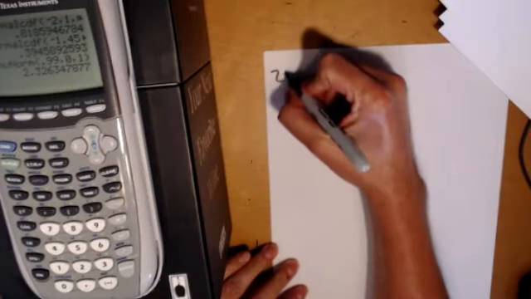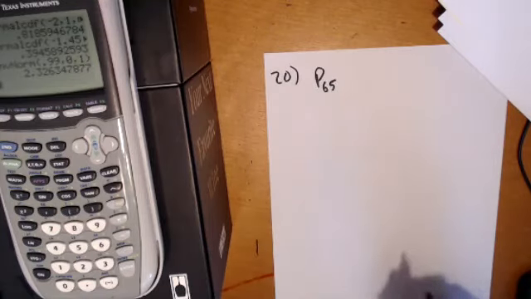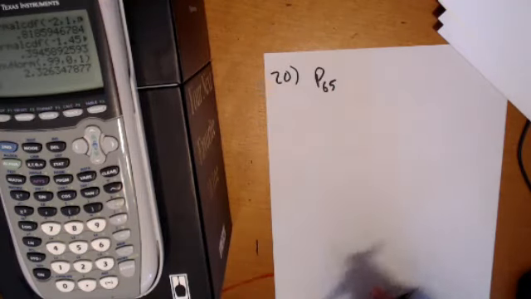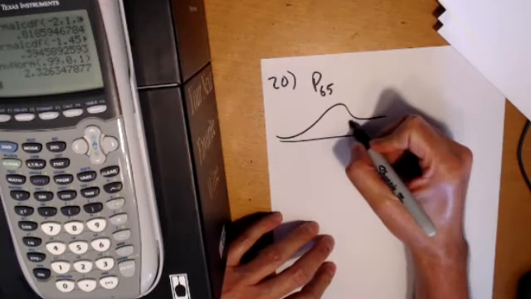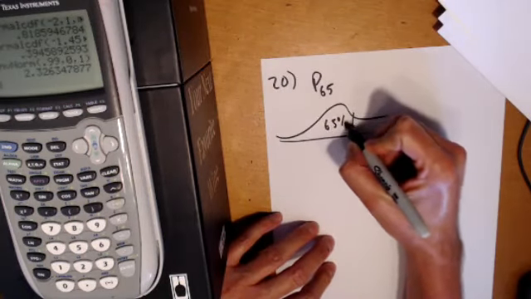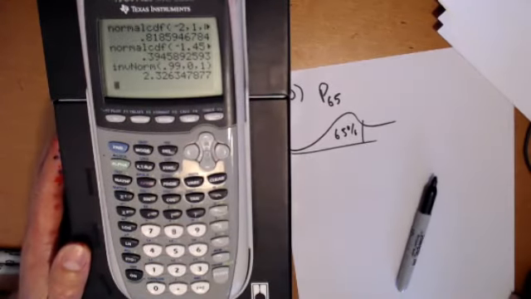So 20 is P sub 65. That means there's 65% on the left side. So we're just going to do the inverse normal.